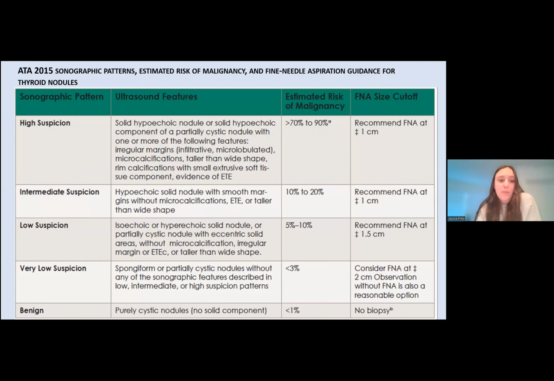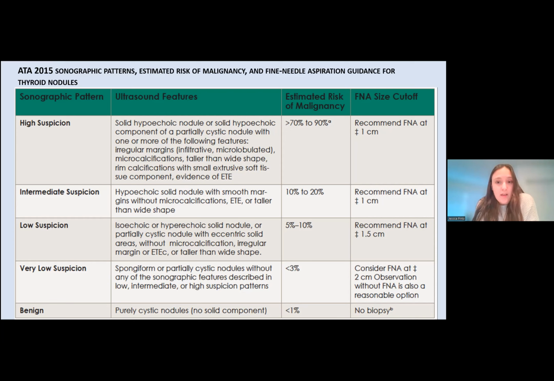When you look at the American Thyroid Association, these are sonographic pattern recommendations that were released in 2015, and they break it up a little bit differently. They do benign, very low suspicion, intermediate, and high, and they describe the ultrasound features. So this is a little bit more difficult to use because you don't have an exact point system.